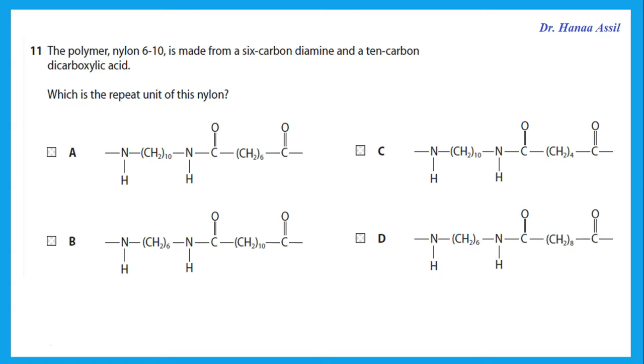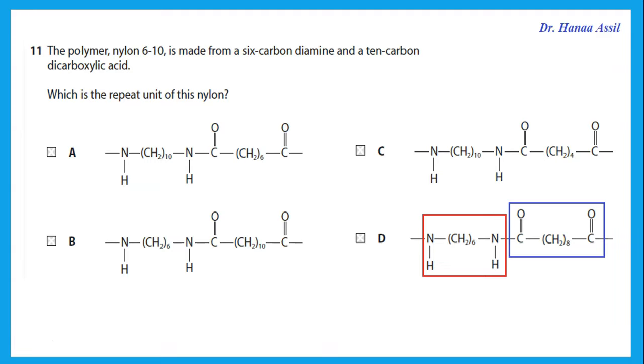The polymer nylon 610 is made from, and pay attention to the question, it says a 6-carbon diamine and a 10-carbon dicarboxylic acid. So what is the repeat unit? We're looking for something in which the two nitrogen ends have 6 carbons between them, and the two acid parts, the two carbonyls, have a total of 10 carbons.